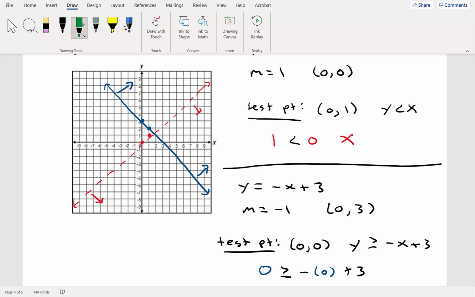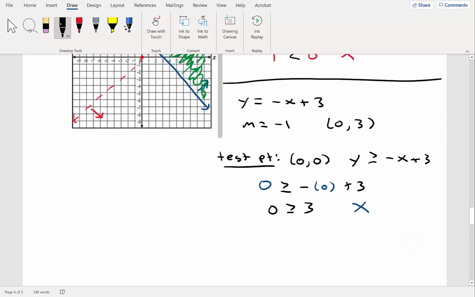But now if we take a look at this part over here, this is covered by our first inequality and our second inequality. So this is the section that we're going to shade in. This would be the solution to the system of inequalities that was given to us. Any point that's in that green section makes both of those inequalities a true statement.